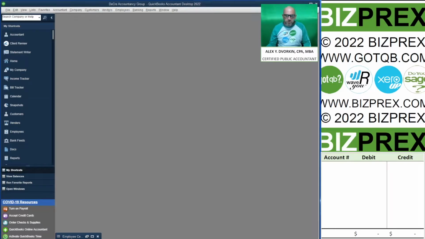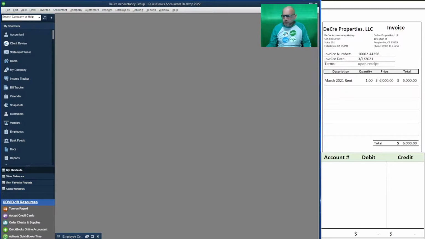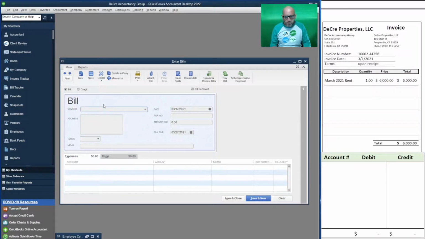Okay, we're still in March, and let's go ahead and enter some invoices from our vendors. Alright, this one is from DeCre Properties, and that's for our rent.